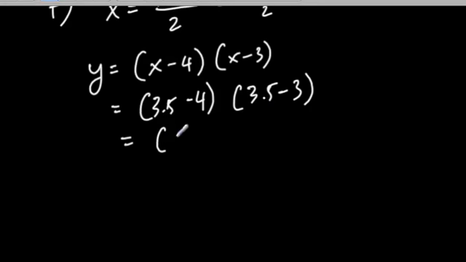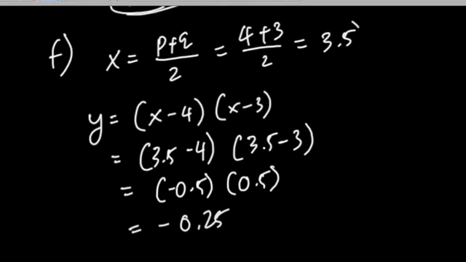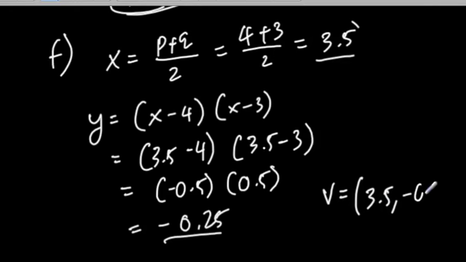So that's equal to negative 0.5 and 0.5, and that's equal to negative 0.25. So the coordinate of our vertex, here's the x, here's the y. V, which stands for the vertex, is going to be 3.5, comma negative 0.25.